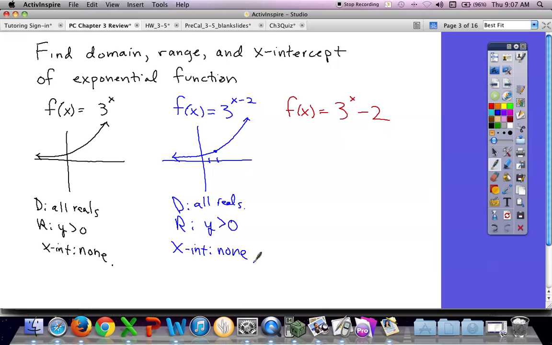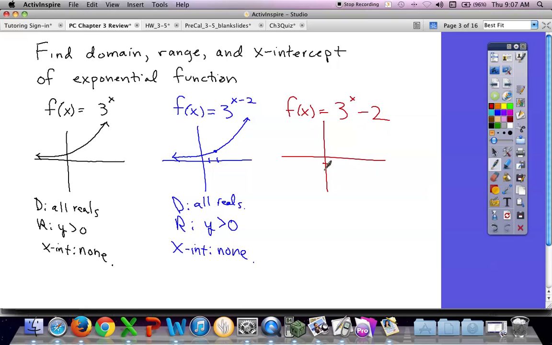Okay, and the last one, what does it do to the graph if I subtract 2 after the exponential? Right, it should be a downward shift 2. So the graph will look like, right, if now the horizontal asymptote, which used to be on the x-axis, it is going to move. A vertical shift will move that horizontal line down 2.